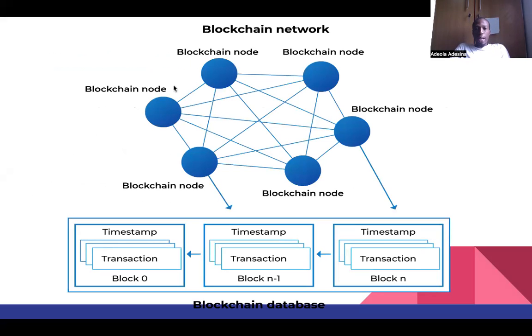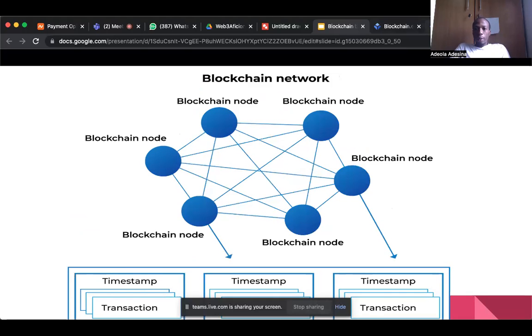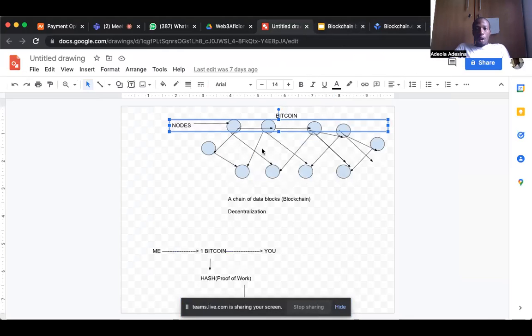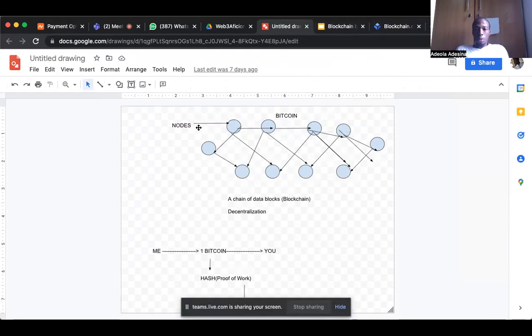So I've explained that all of these companies, in the case of 10 companies trying to share data with each other, can be called nodes for Bitcoin. So when we bring the analogy back to Bitcoin, all of these guys here are called nodes. That's what I wrote here.